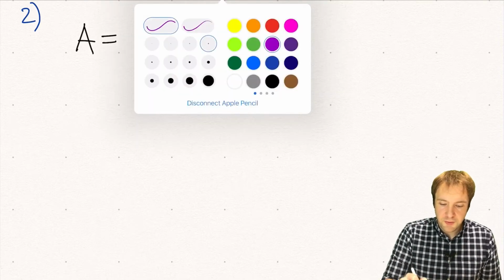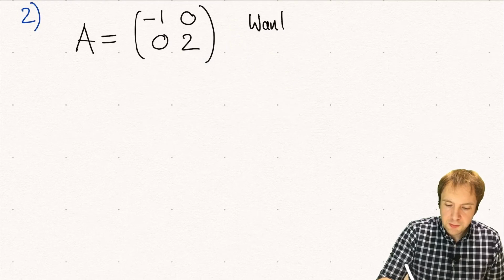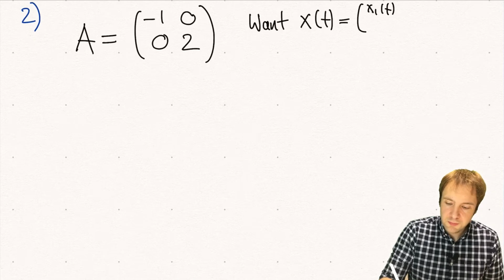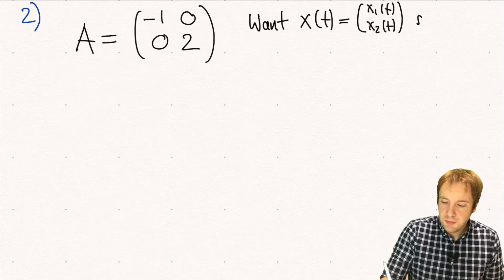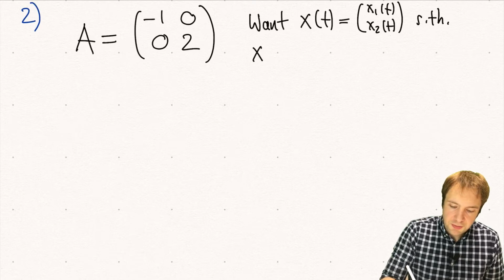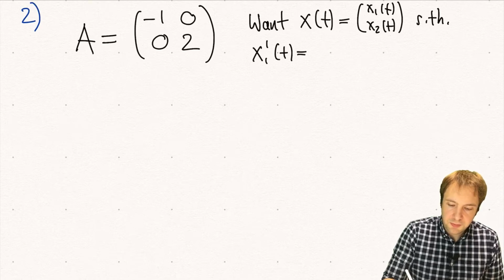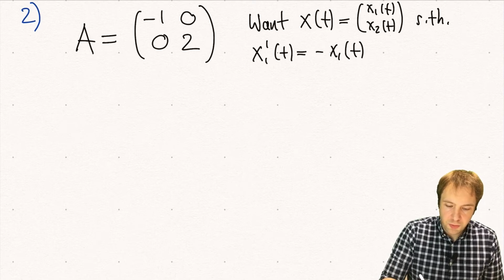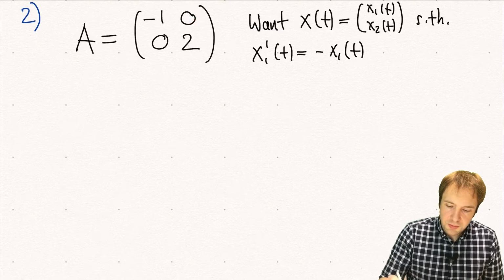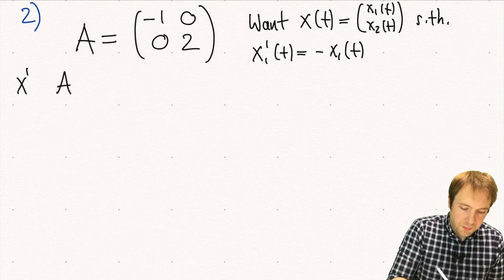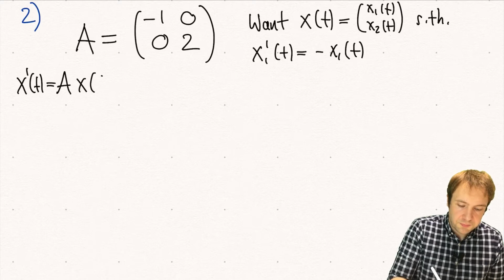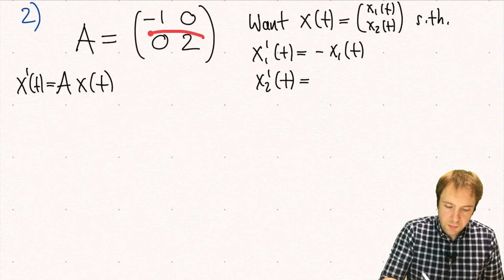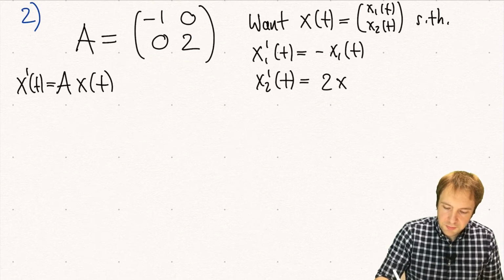So we want to find a function x such that x1 prime(t) equals, well, minus 1 times x1(t), because we don't have anything here with x2. So we want this equation here. And x2 prime(t) is, well, here we just have 2 times x2(t).